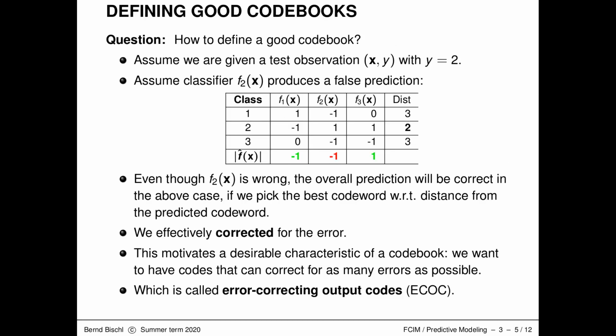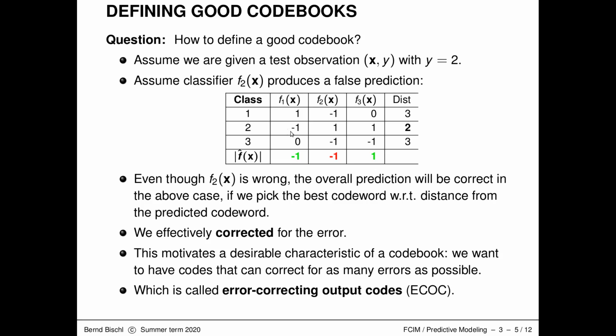Now, does that tell me something about how I could maybe define a good codebook? Yes. Let's, for example, assume that we're given a test observation, and this test observation has a true label of 2. And the code word pattern produced during prediction looks like this. First of all, I can see that there's an error going on for the second component.